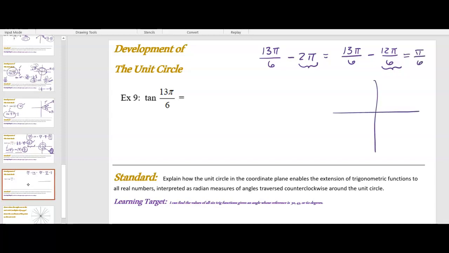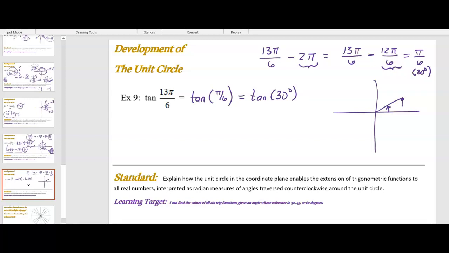So hey, this problem winds up being pi over 6 or 30 degrees. So just a reminder, pi over 6 is 30 degrees. So this is the same as tangent pi over 6, which is the same as tangent of 30 degrees. All of those are the same.